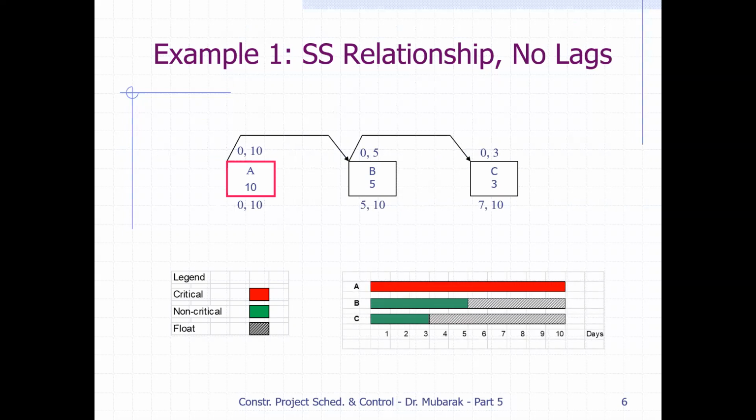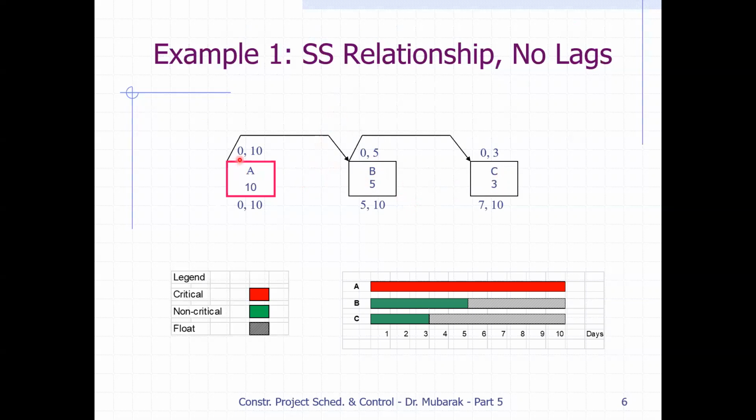Let's go back to our previous problem, the utility line from part one, and assume that activity A is the excavation, which has a duration of 10 days, and activity B is the bedding or the sub-base activity with a 5 days duration, and C is laying the utility pipeline with a duration of 3 days.